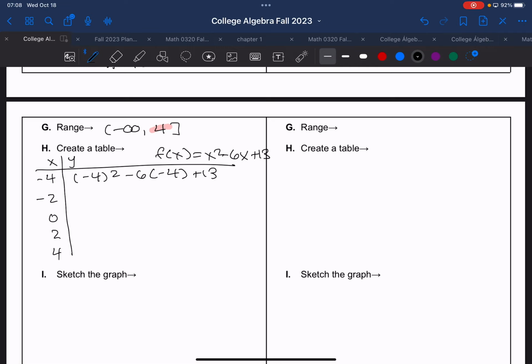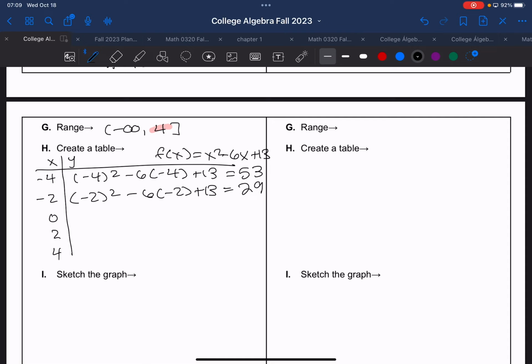If you have your calculator with you, you're able to just plug in that whole thing exactly how it's written, and you'll get your answer. So it should be 53. Okay, so that means that point right here is (-4, 53). Now let's plug in -2. When we plug in -2 and put that into our calculator, we get 29.